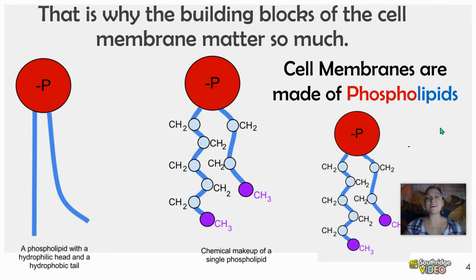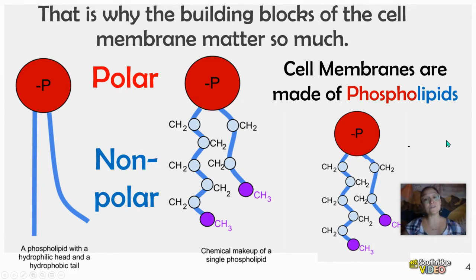So here we have a phospholipid, and it basically is a phosphate group with two fatty acid tails. Now, that phosphate group region is polar. And if you haven't had chemistry yet, polar means it's attracted to water. It's water-loving.